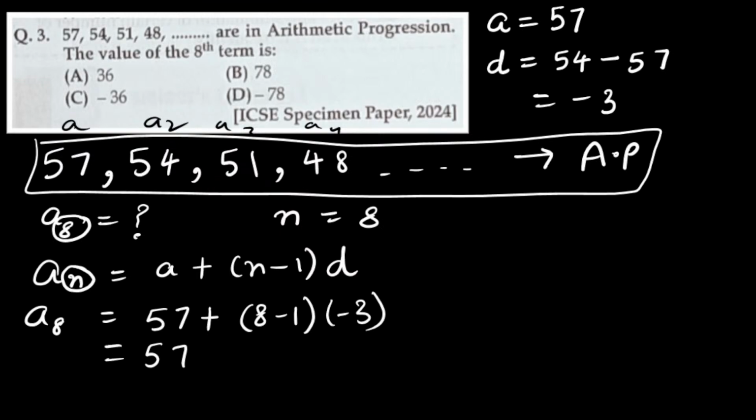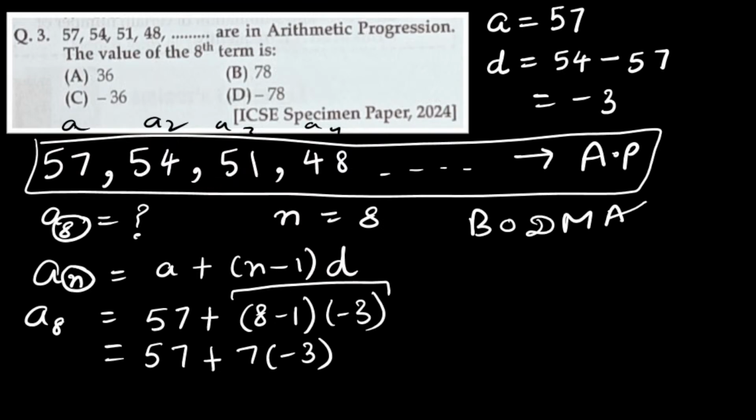So 57 plus 7 into minus 3. First of all, solve brackets. I have seen many times you will do plus and then multiplication. Follow BODMAS always. Just remember this. 7 into minus 3 is minus 21. So plus minus will get replaced with minus.